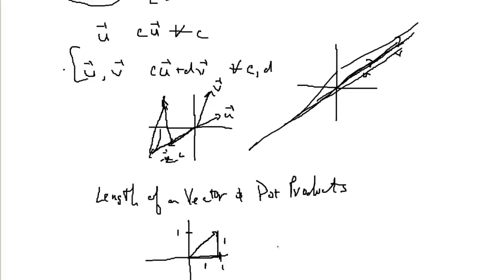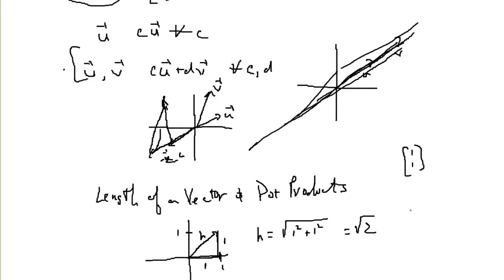So then I can use Pythagoras' Theorem and say that if I call this h for the hypotenuse, then h equals the square root of 1 squared plus 1 squared, which equals the square root of 2. And if we looked at the vector in this form, then we can say, we just square each element of the vector and then add them together and take the square root.